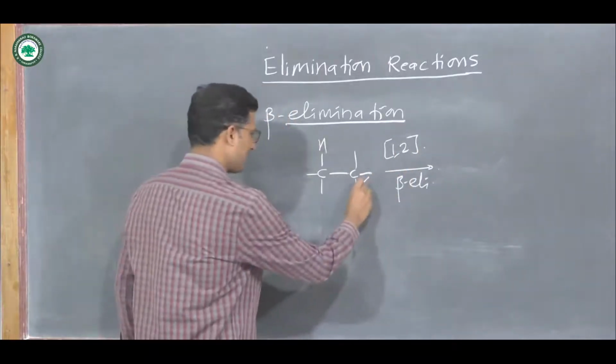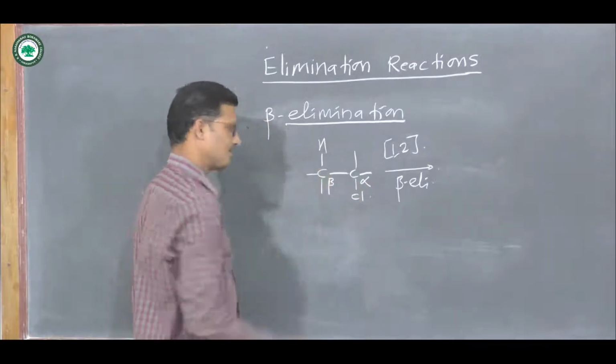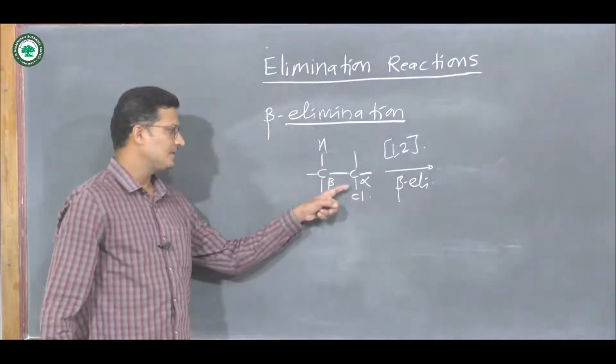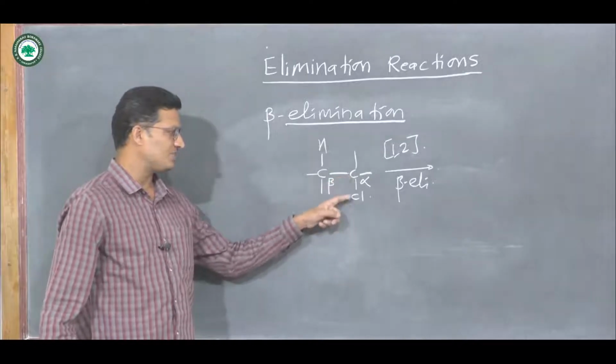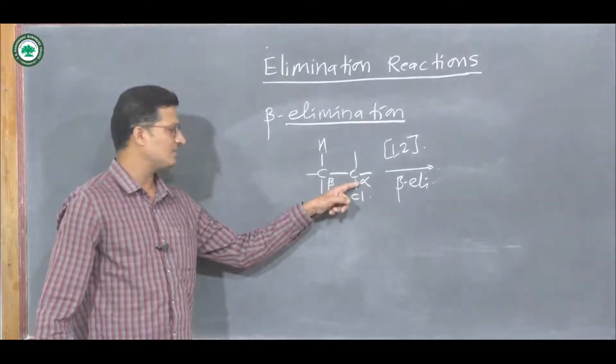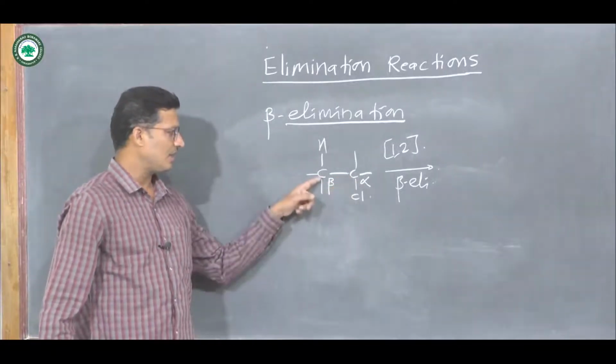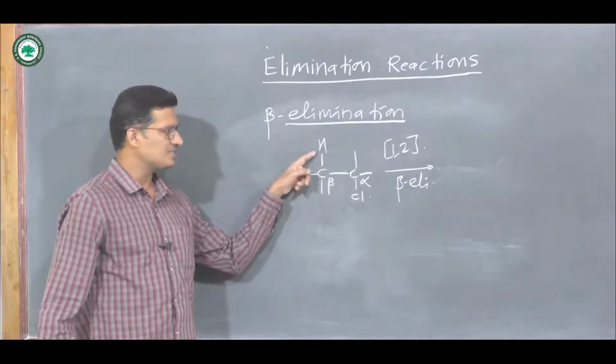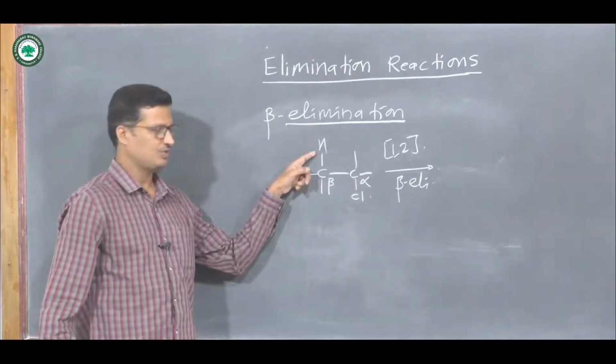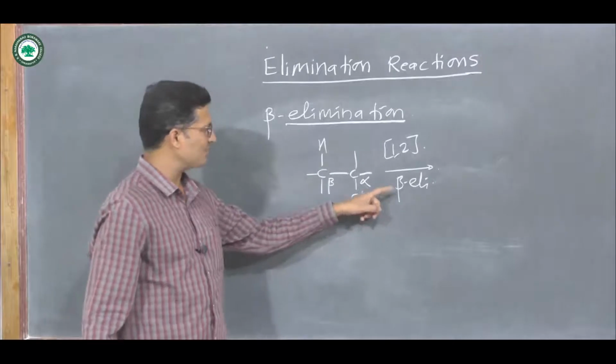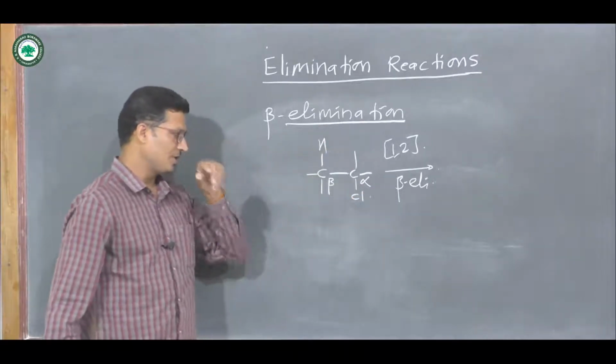We call this the alpha carbon, we call this the beta carbon, and the leaving group present on that carbon, carbon number 1 or the alpha carbon, and at the beta carbon a hydrogen is removed. So what is meant by the beta elimination?